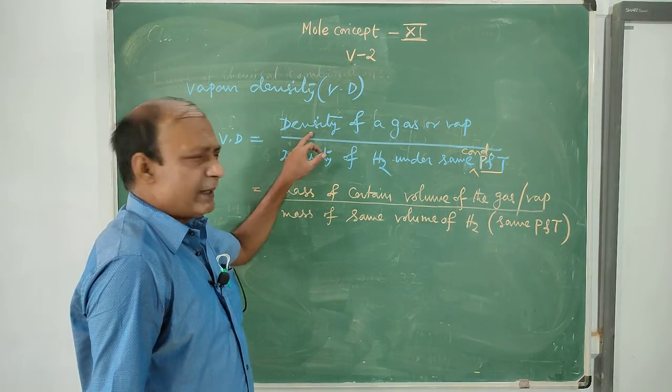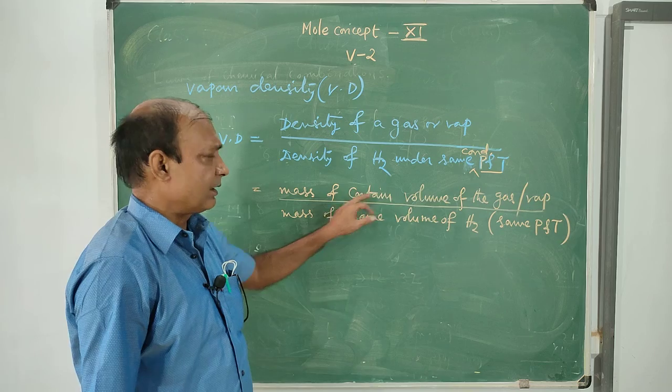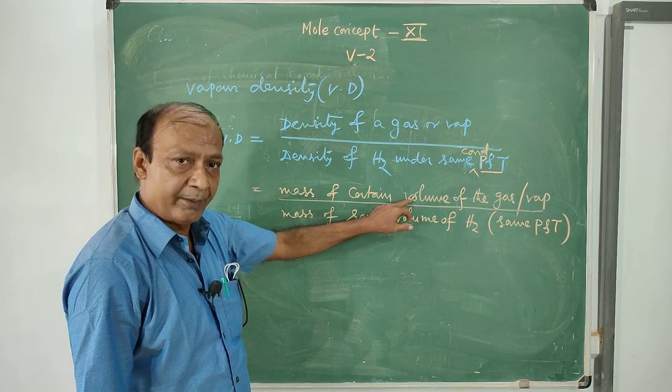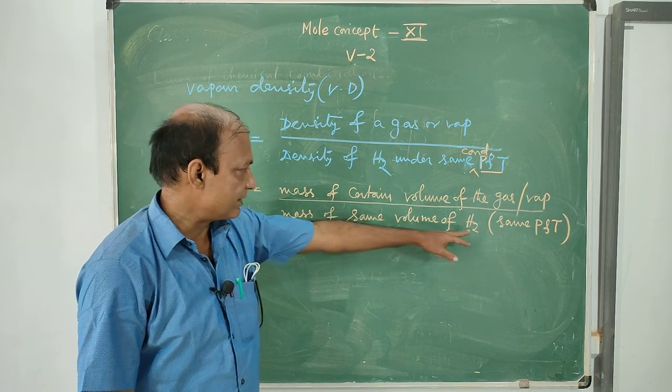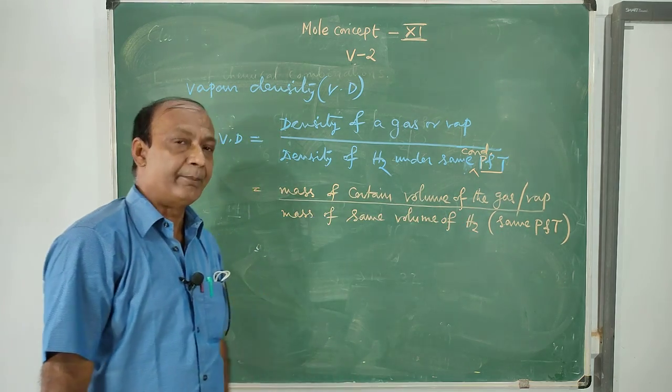So in place of density we are writing mass of certain volume of the gas or vapor by mass of same volume of hydrogen, measured under same pressure and temperature.